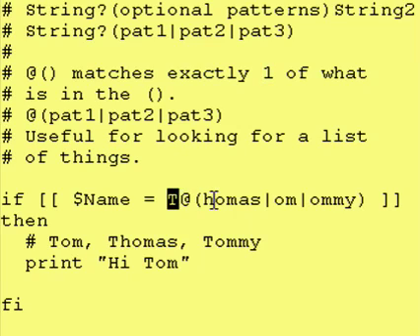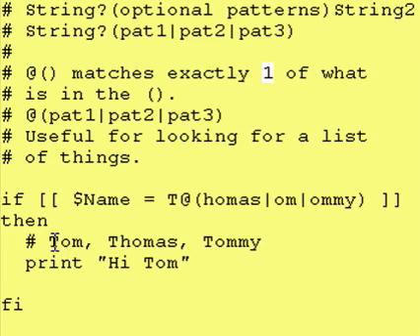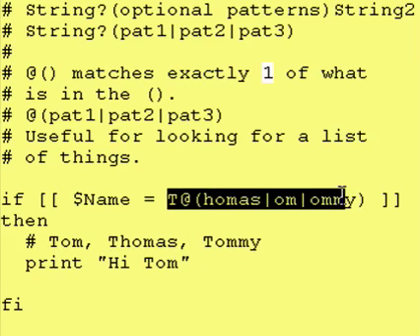So Thomas is fine, Tom is fine also, and Tommy is fine also. One of those 3 must be what is inside of the variable name in order for this test to be true. So it will match Tom, Thomas, or Tommy. And as you can see, right there.